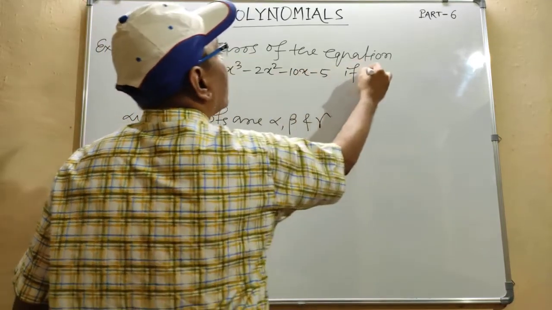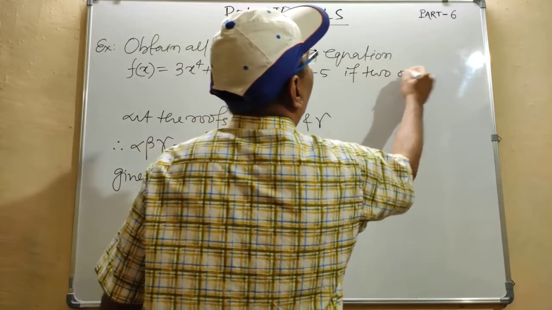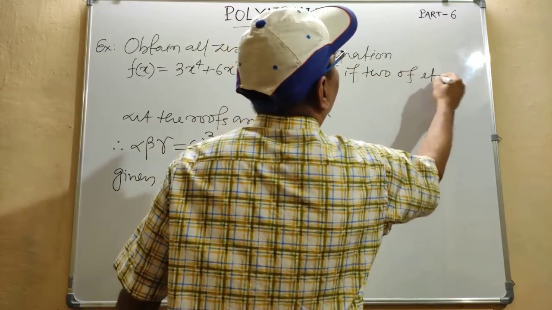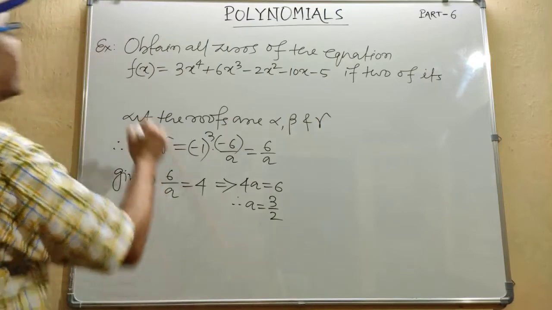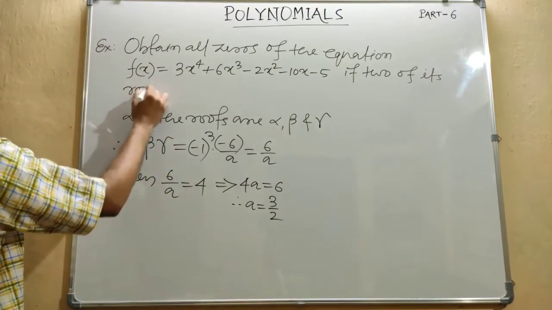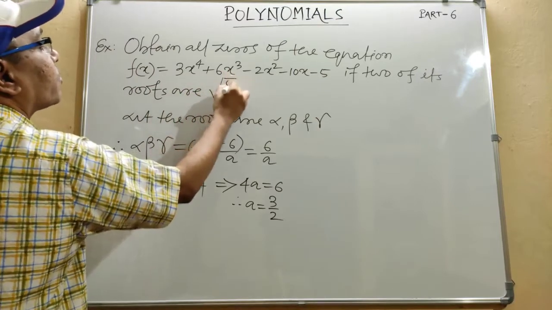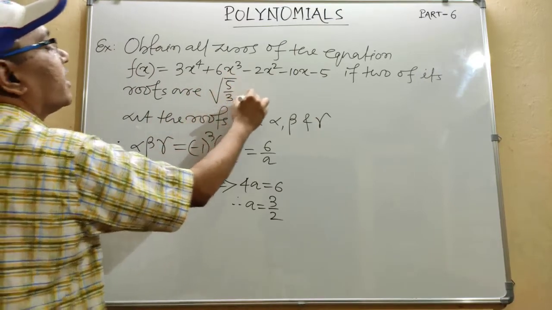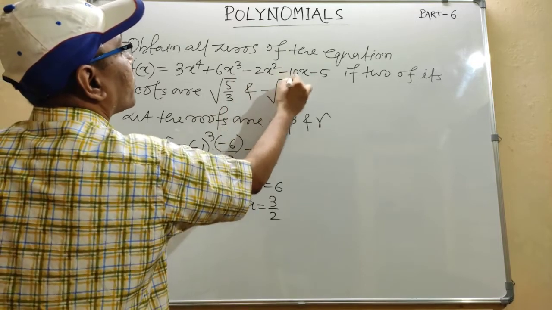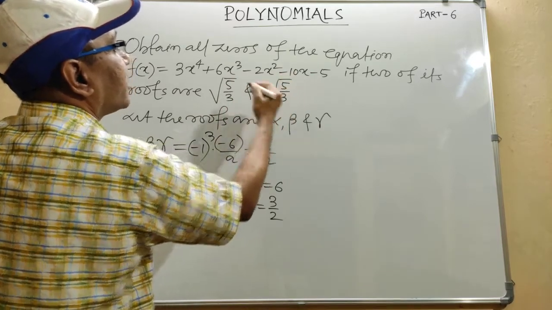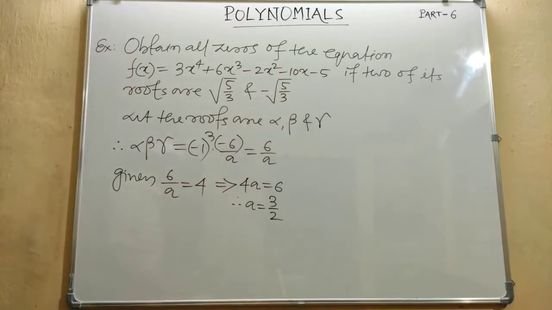If two of its roots are √(5/3) and −√(5/3). This is your question.